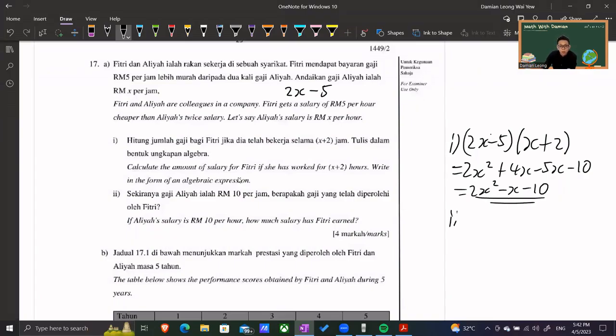Then Alia's salary is 10 ringgit per hour, means x is 10. So how much Fitri has earned? Salary for Fitri is basically this. So just sub in the x value. 2 times 10 squared minus 10 minus 10.